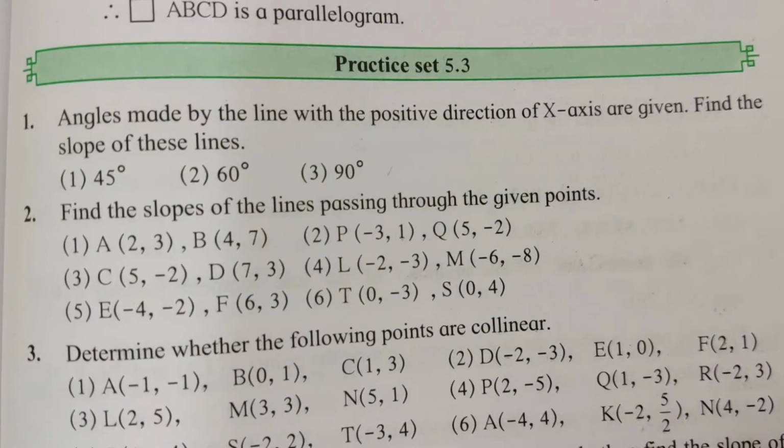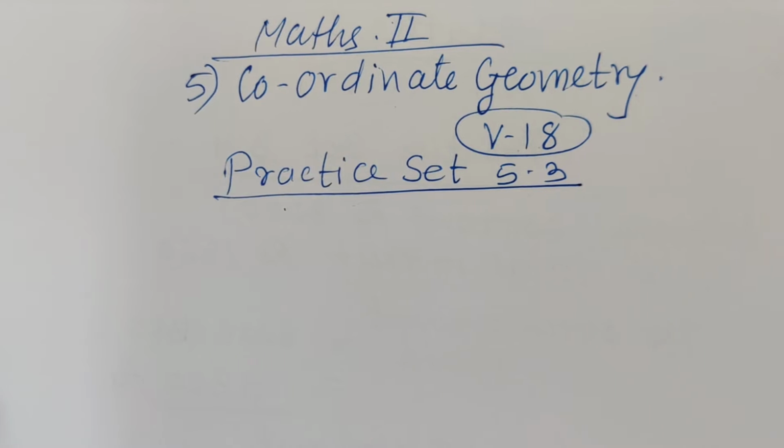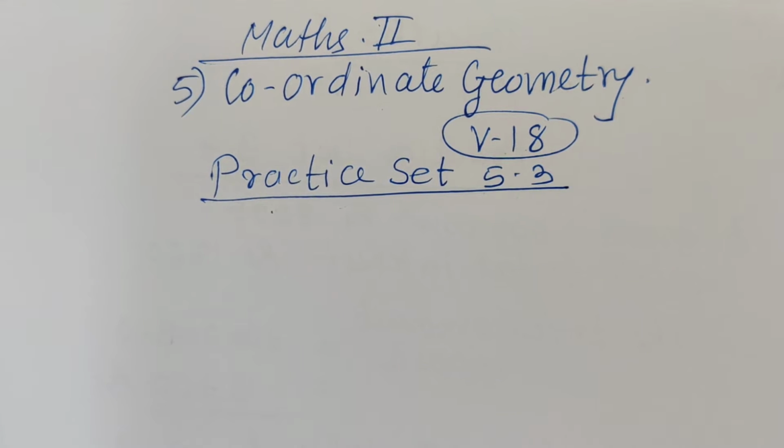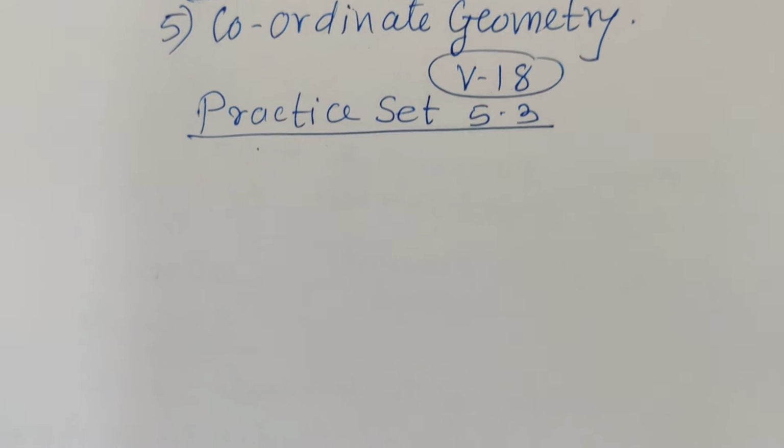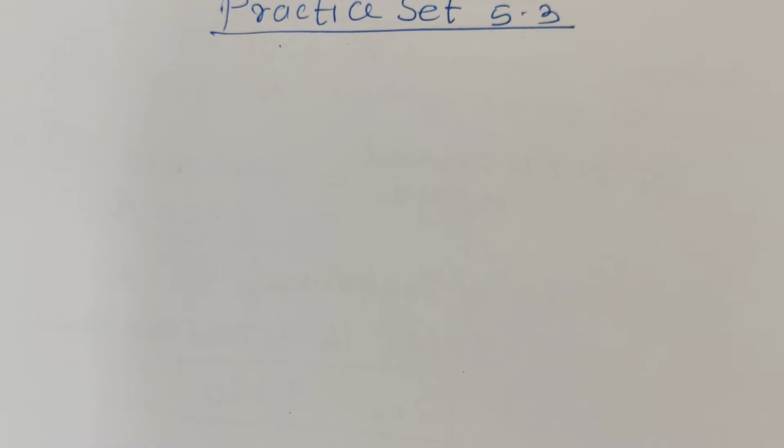Yesterday in the previous video when I explained to you about the slope, there I explained trigonometry in the slope. So slope is equal to tan theta. Slope is equal to tan theta, and this concept will help us here to solve question number 1.